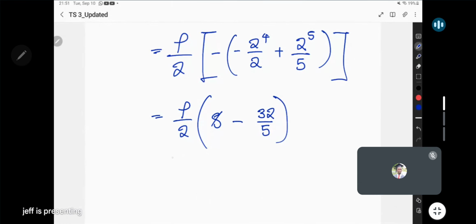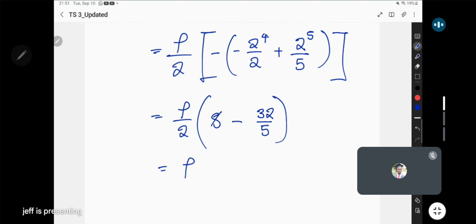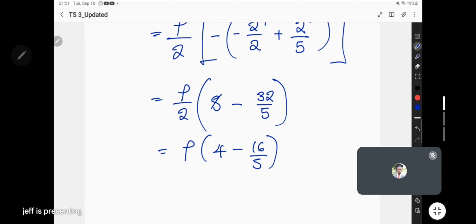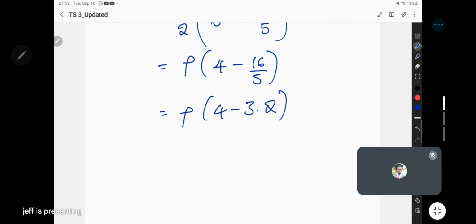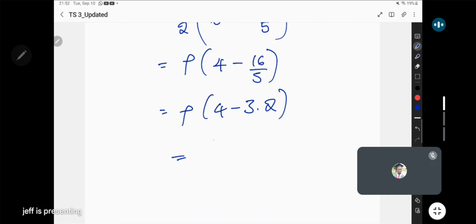I can divide everything by 2 so that I get rid of the 2 here. This will be 4 minus 16 over 5. So this will be rho times 4 minus 3.2, and this will end up giving us 0.8. So this will be 0.8 rho there. So this will be the moment about the x-axis.